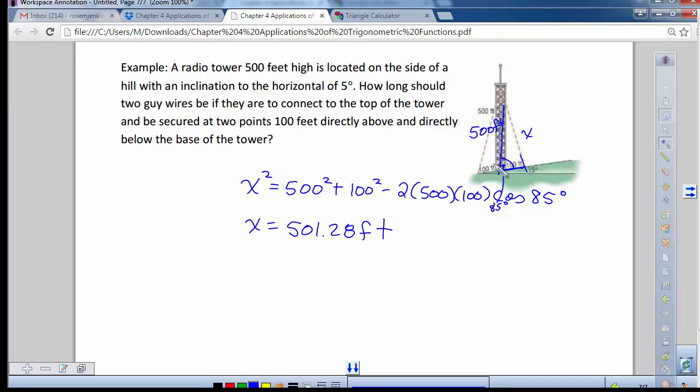On the other side, instead of subtracting the 5 degrees, we're actually going to gain that 5 degrees. So this angle right here is going to be 95 degrees. We still have a length of 100 feet, and the wire is still attached at a height of 500 feet. So let's say I call this one D. We get that D squared is equal to 500 squared plus 100 squared minus 2 times 500 times 100 cosine of 95 degrees.